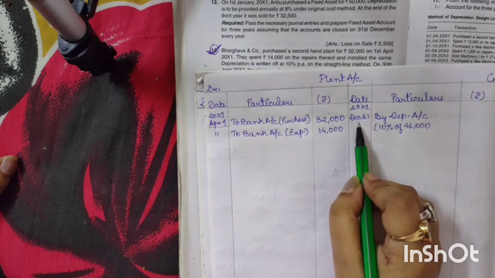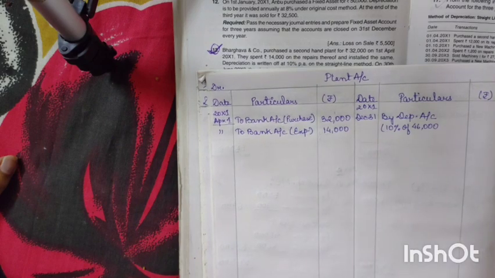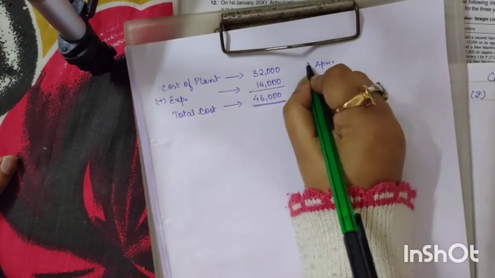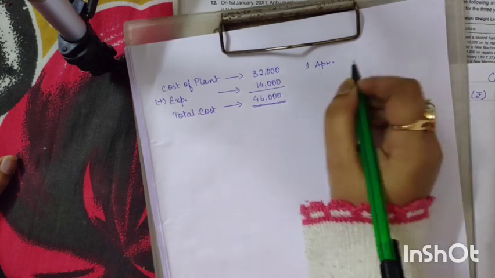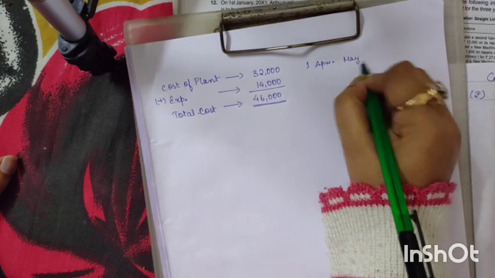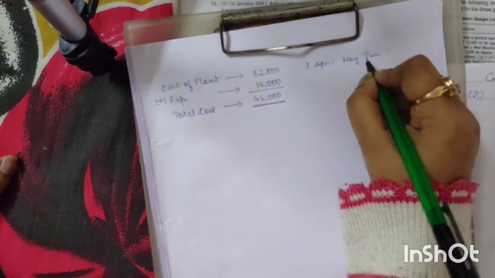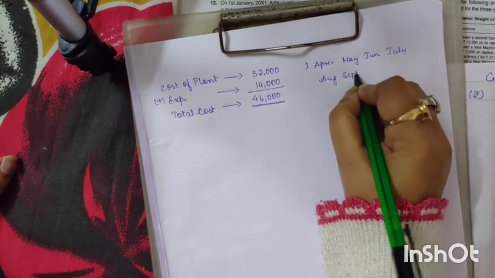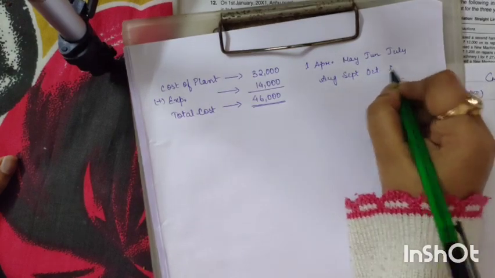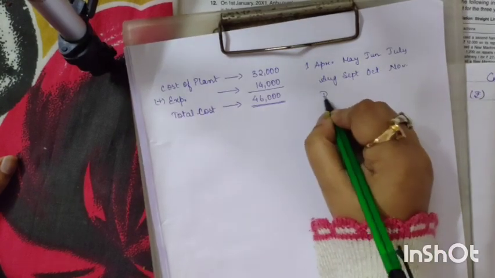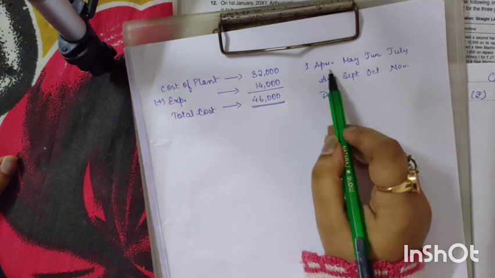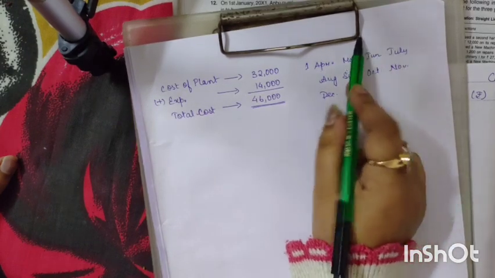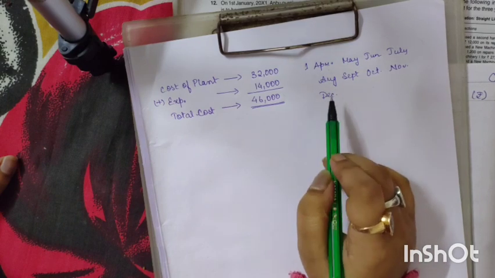December 31st. So for how many months have you used it? If we begin from April 1, you started using it. So April, May, June, July, August, September, October, November, and here comes December. That means 1, 2, 3, 4, 5, 6, 7, 8, 9. So you have used the plant for 9 months.